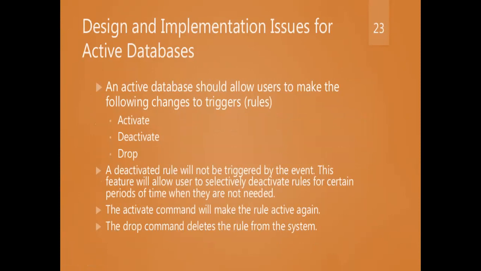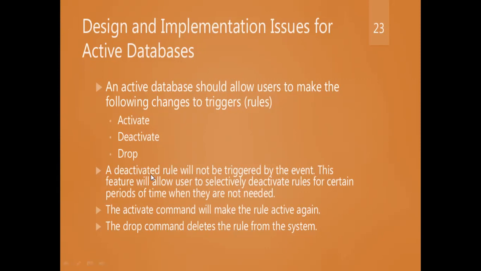It means if some triggers have been defined by default, but we need to add some extra data, then as the triggers are already active, we are sometimes not able to add the data to that particular database. So the user should be allowed to make these kinds of changes to the triggers, that is activate, deactivate and drop. Yesterday we have seen how to drop a trigger, right?